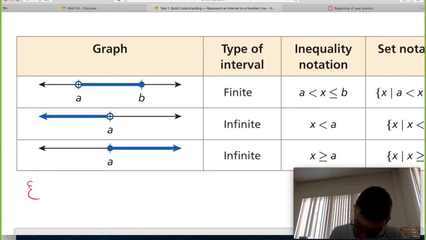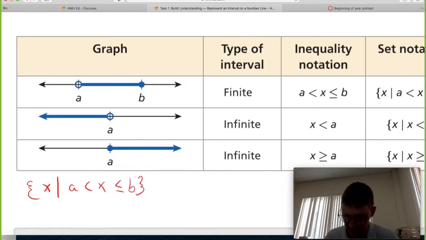And so you're going to write it, and it's going to read as x such that A is less than x, which is less than or equal to B, close bracket.